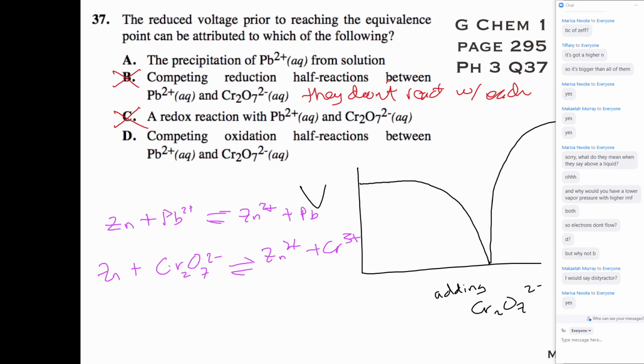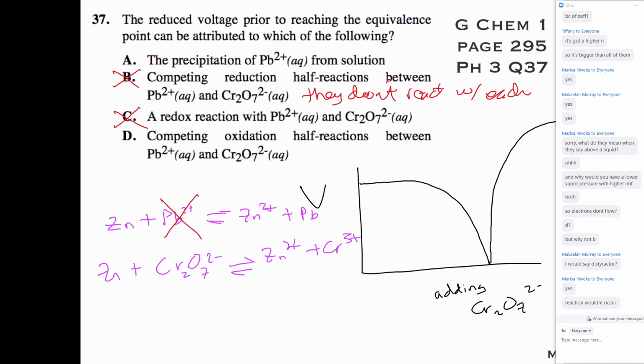So let's say that did occur. If chromate, instead of actually reacting like we want it to do, what if chromate actually precipitated the lead out of solution? What would happen to this reaction if you got rid of the lead? No reaction. If you lose a reactant, limited reagent, it's gone.